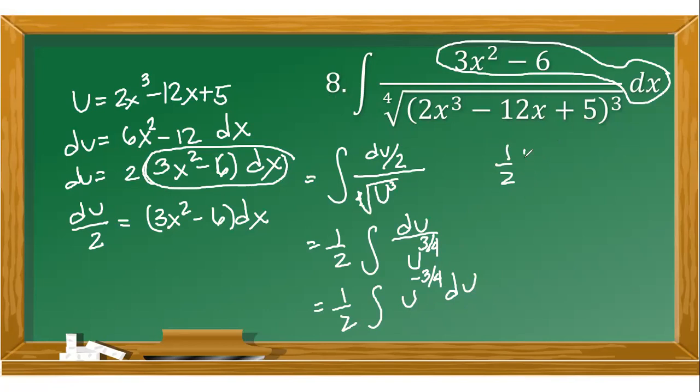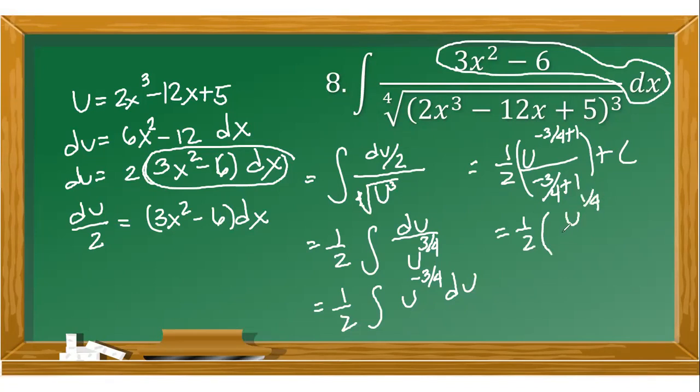So u raised to -3/4 plus 1 over -3/4 plus 1 plus c. Okay, our answer is u raised to 1/4 over 1/4, plus c. Okay, when the denominator is a fraction, get the reciprocal.